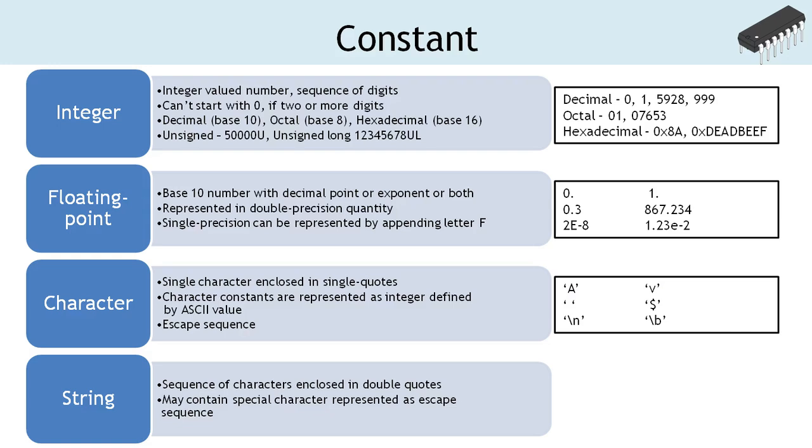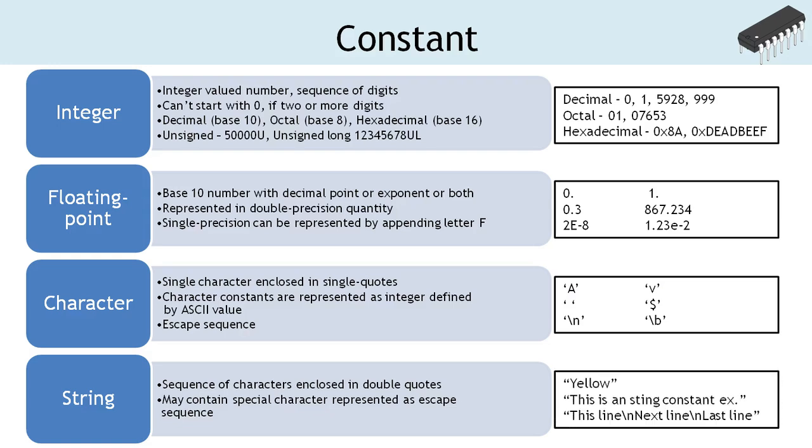Some of the characters in the ASCII set, such as double quote, apostrophe, question mark, backslash, etc., are expressed in terms of escape sequences. An escape sequence begins with a backslash followed by one or more special characters. For example, a newline character is shown with a backslash and the letter n.